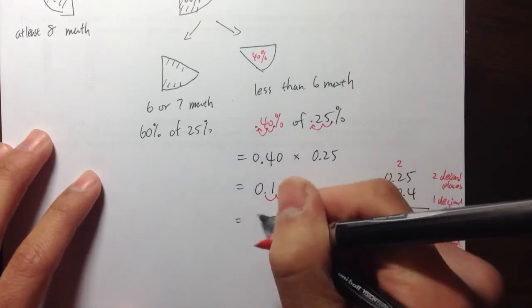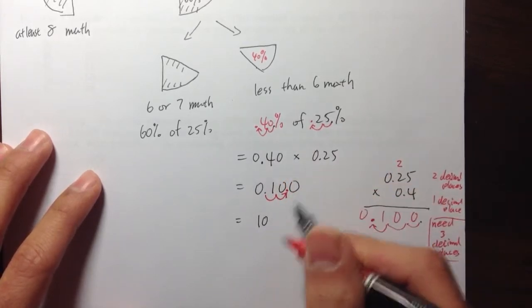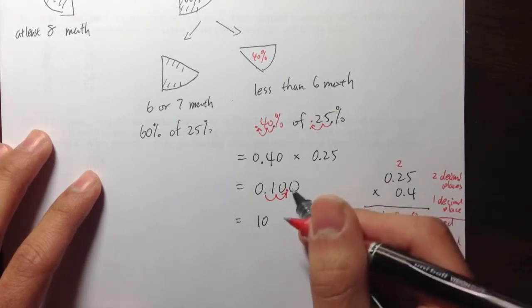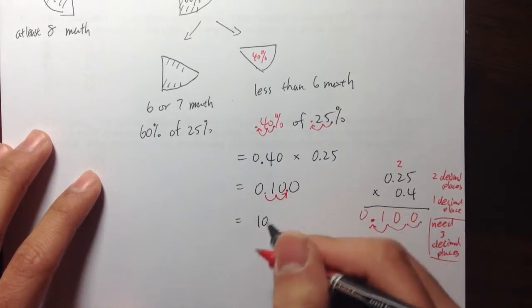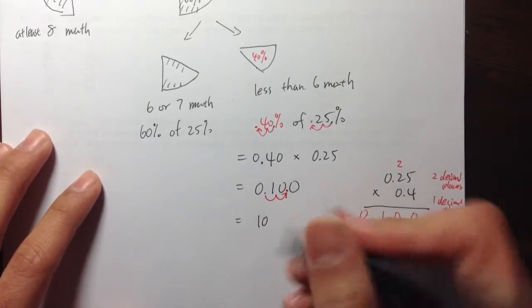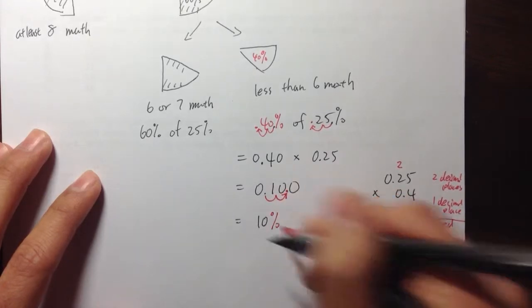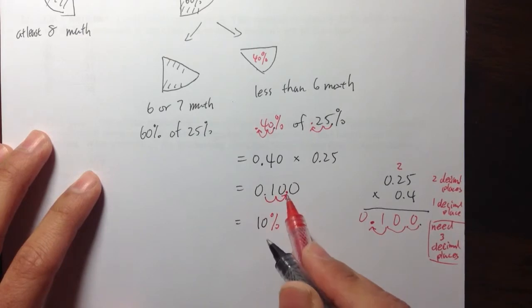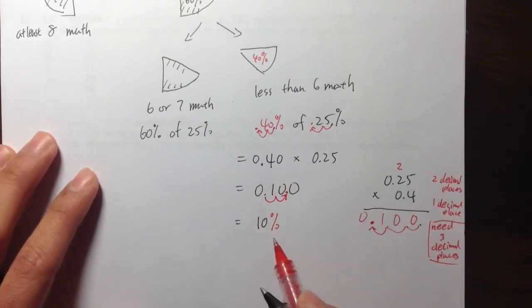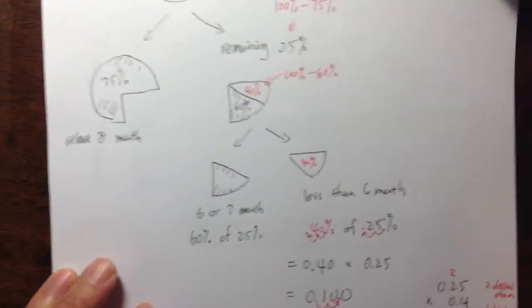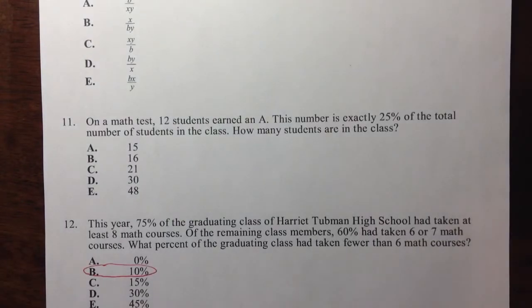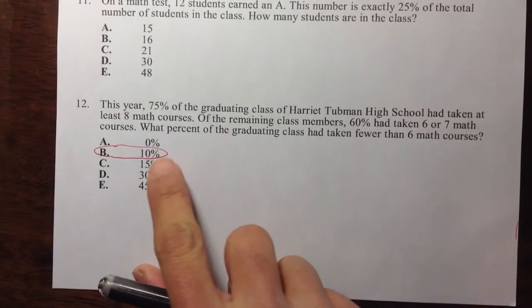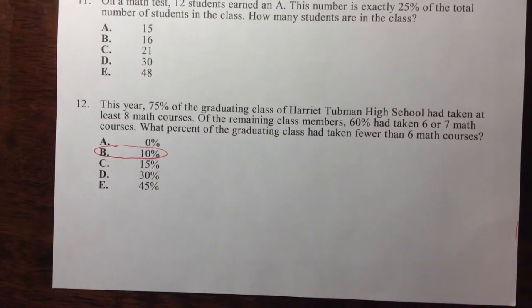This is just 1 0, which is just 10. 0.0, but it doesn't really matter after the decimal point. So this is just saying 10, and now we can add a percentage because we moved the decimal point once, twice to the right. We put a percentage right there, and there we have it. That's question number 12. Answer choice is B. Correct answer is B.